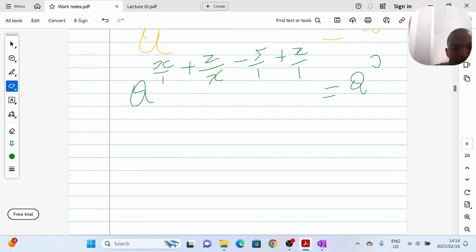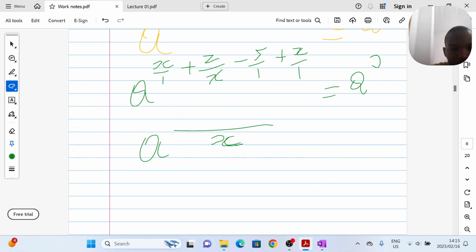What is the common denominator? If x is equal to 5, 5 does not go to 1. But 1 goes to x, so the common denominator must be x.